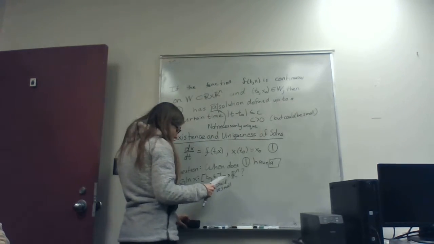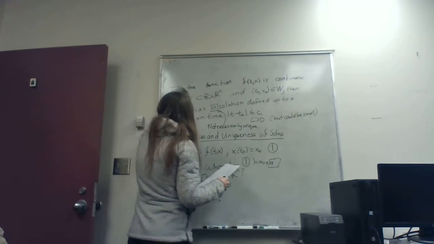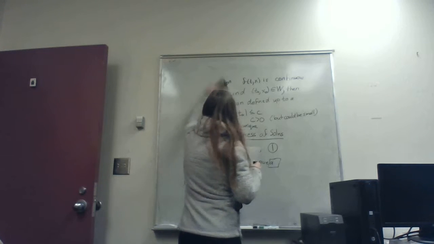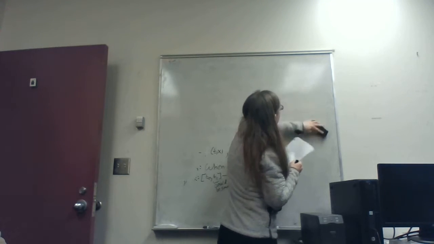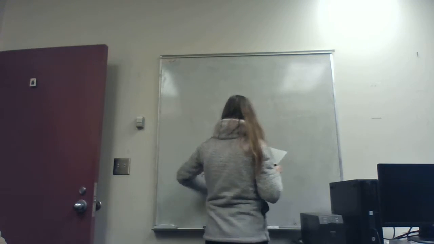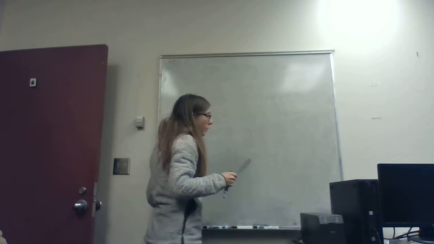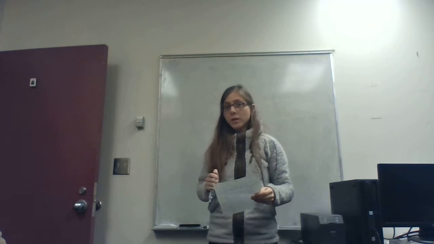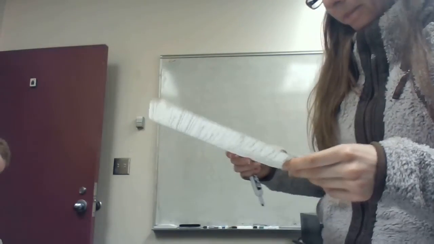Okay, so now we want something stronger that will allow us to get better properties. We see that continuity is helpful on the right-hand side, but it's not enough. We can't just assume continuity and then be done.